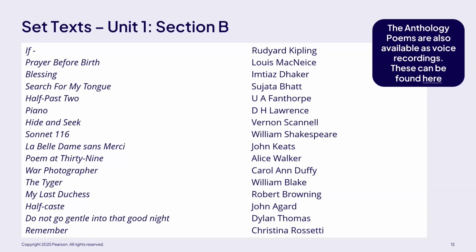So the PowerPoint is SO1 in your download, the anthology SO6, and the poems are If, Prayer Before Birth, Blessing, Search for My Tongue, 2:30, Piano, Hide and Seek, Sonnet 116, La Belle Dame, Poem at 39, War Photographer, The Tiger, My Last Duchess, Half Caste, Do Not Go Gentle into That Good Night, and Remember.